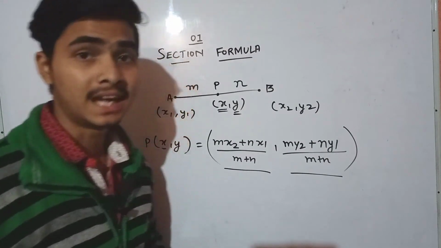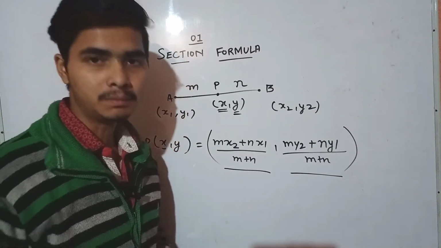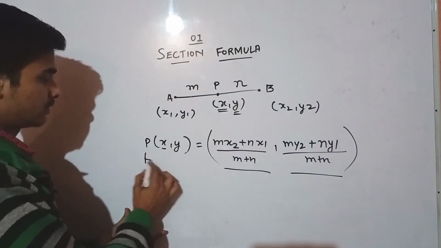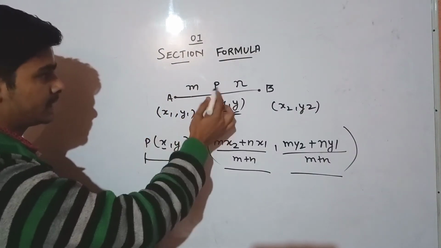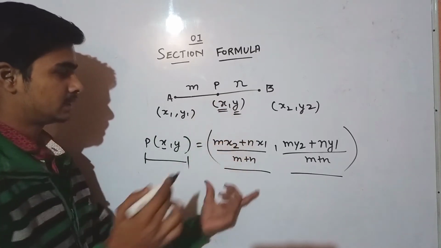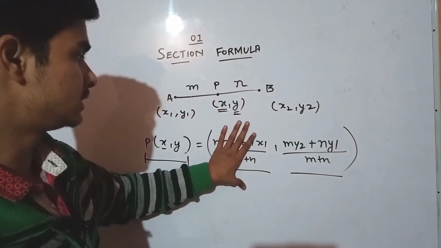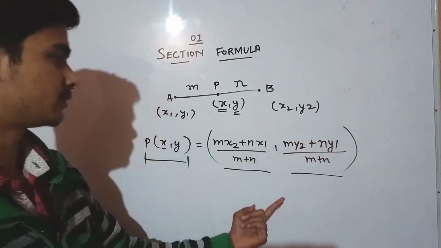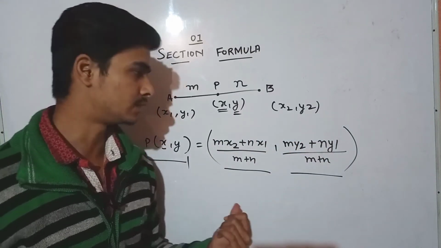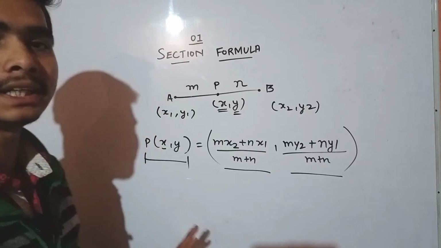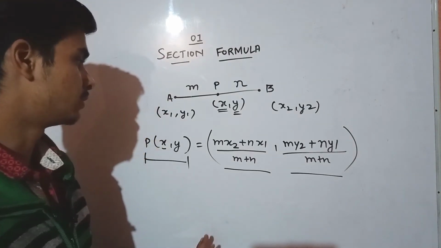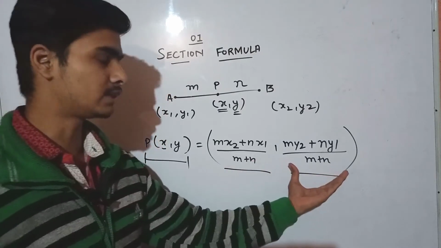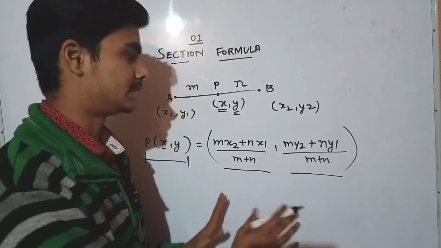And so at the end, if I write both the formulas together, then the coordinates of point P, x and y, the formula is, this is for finding the x coordinate and this is for finding the y coordinate. Note it carefully and write it down in your copy very carefully. So at the end, find the x coordinate and find the y coordinate and place them together like this.